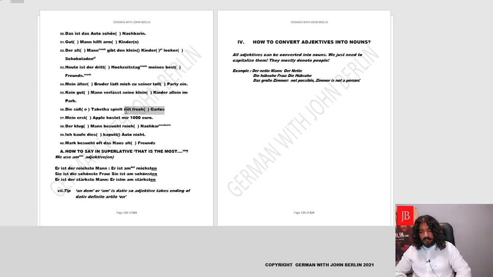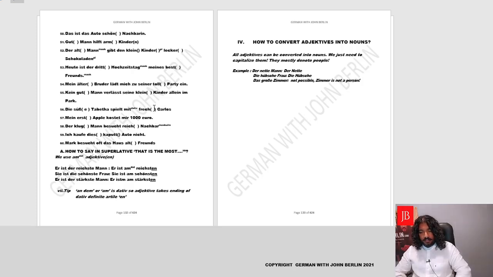Now here, the first question is which table it is. We find no pronoun, no article here, so it's a kein article table. We go to the third table, and then we find the case. Mit is a dative preposition, that means whatever comes next should be dative. Carlos is a boy, so it's masculine.